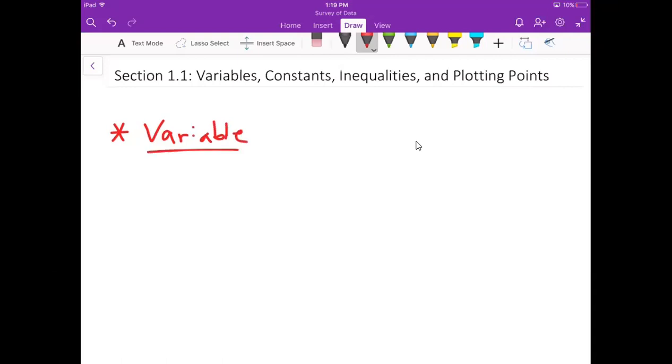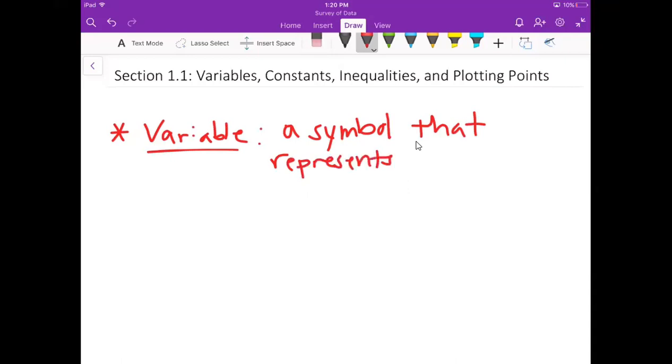A variable in mathematics is a symbol that represents a quantity, and since it's a variable, this quantity varies. So it represents a quantity that varies, okay?